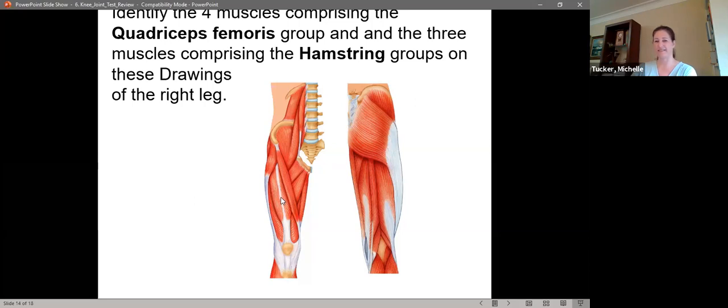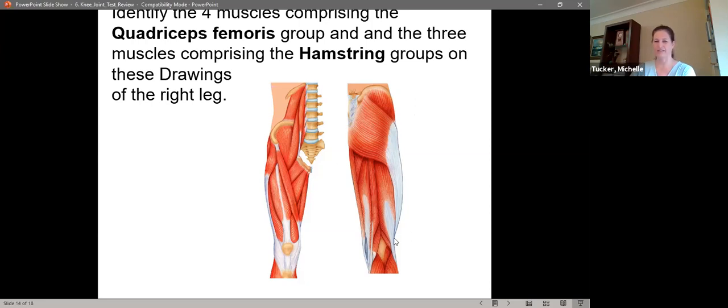Vastus intermedius. So over here we have vastus medialis, and then over here we have vastus lateralis. So make sure you do know those four muscles of the quadriceps because you'll probably be seeing them again.